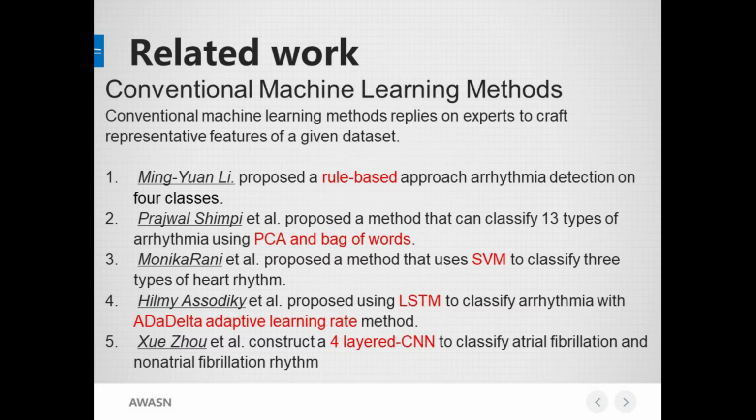Since each type of arrhythmia has its own morphology, models built using conventional machine learning methods are often patient-specific. Or, to ensure good results, authors have to handpick classes that correspond to handcrafted features. Evidently, this is inefficient considering the size and complexity of the data that cannot be easily quantified.